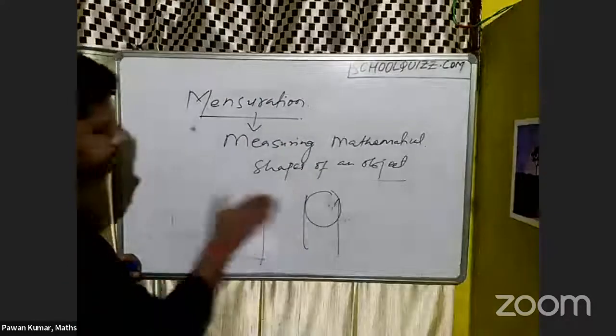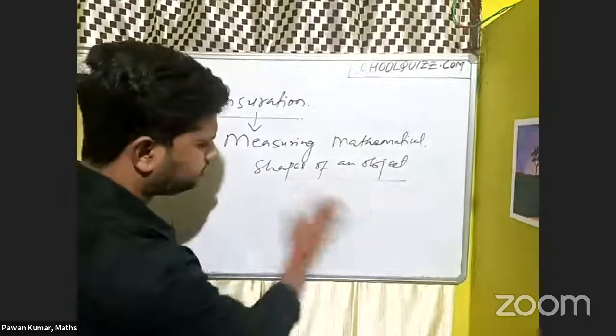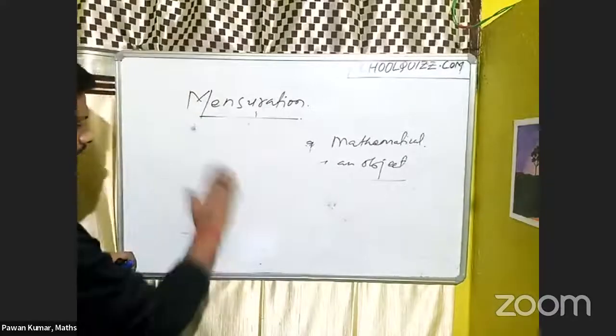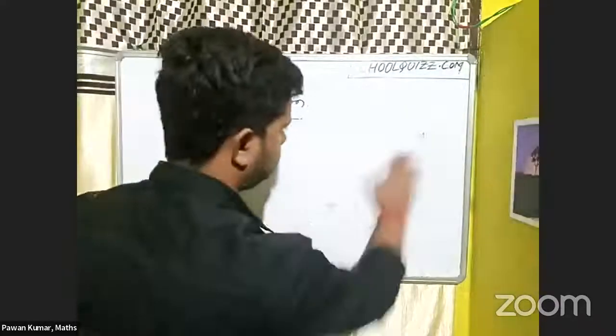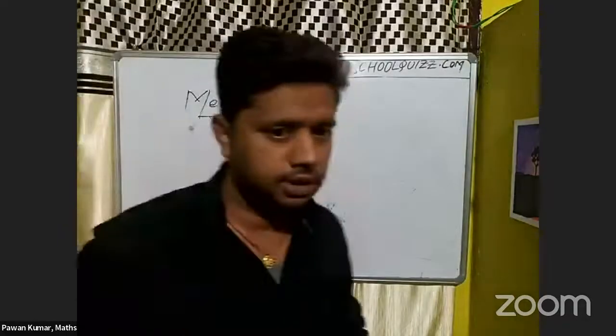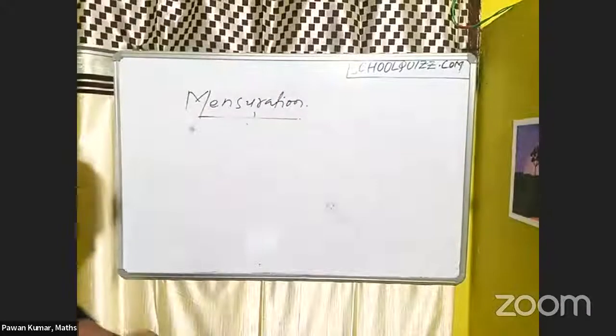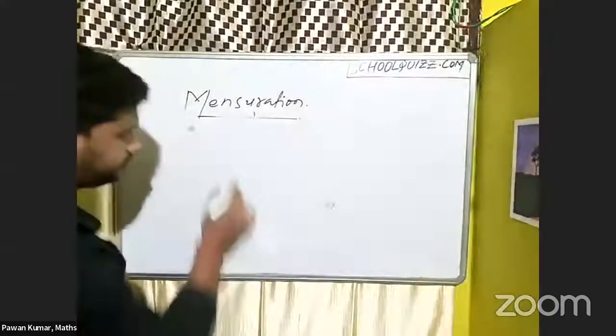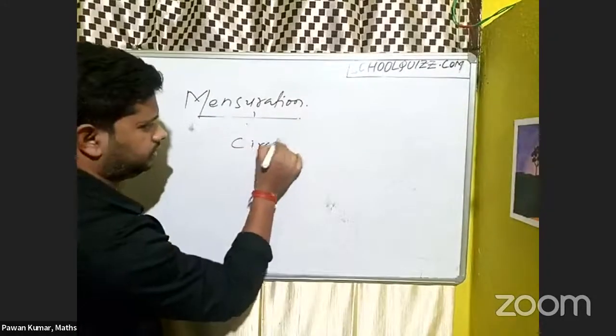Actually, that is why they started mensuration. So let's see what topics are there in mensuration, means what things are there. Suppose we have a circle, correct?